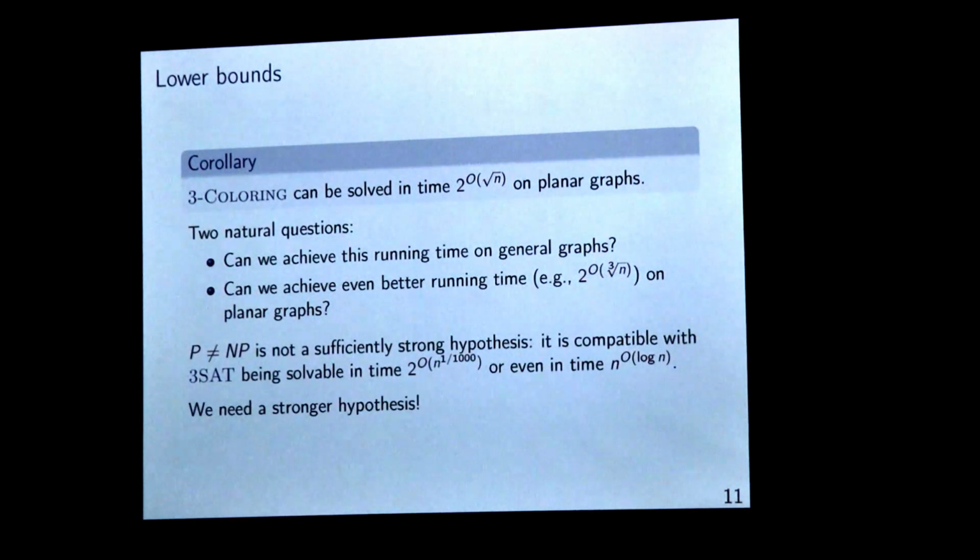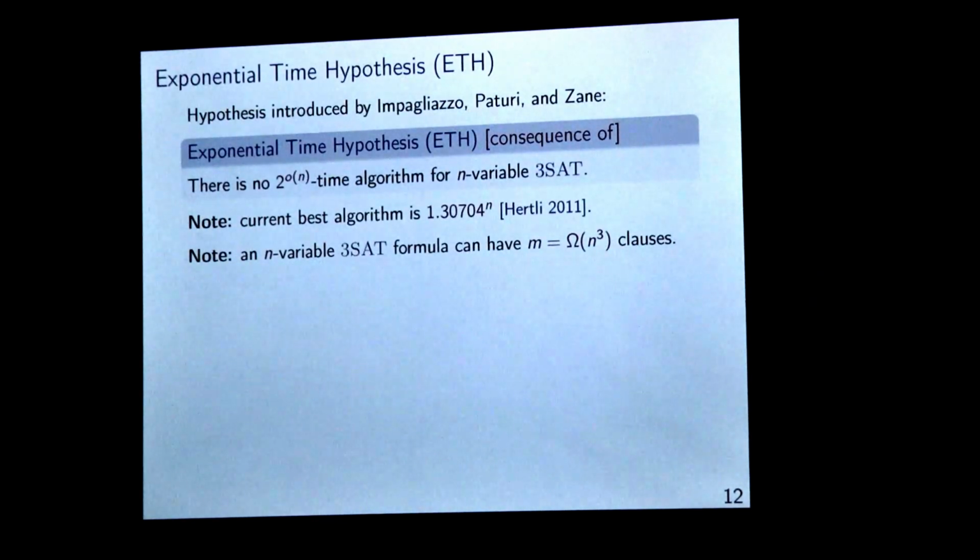So as I told you before, P not equal to NP is not a sufficiently strong hypothesis to rule out these algorithms. Okay? So we need a stronger hypothesis. And I didn't come up with a stronger hypothesis, someone did. This is a hypothesis by Impagliazzo, Paturi, and Zane. What do they say?